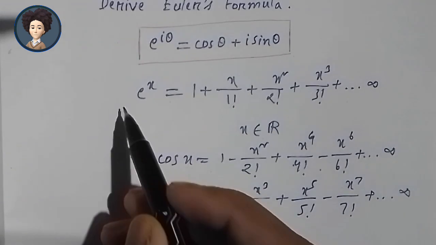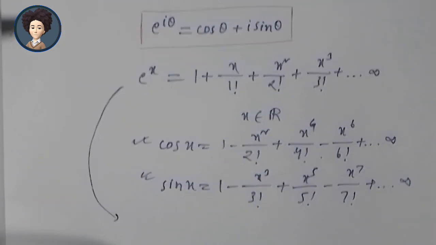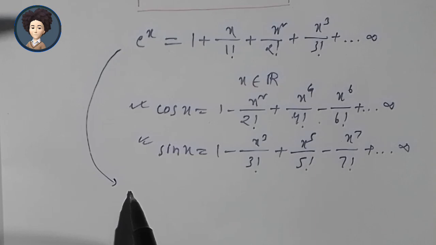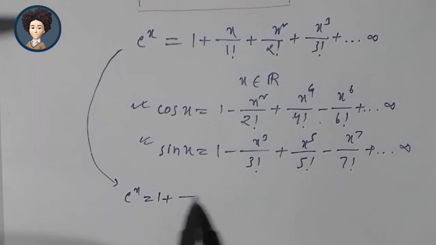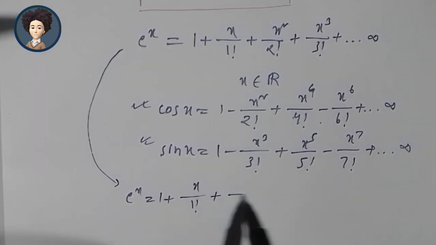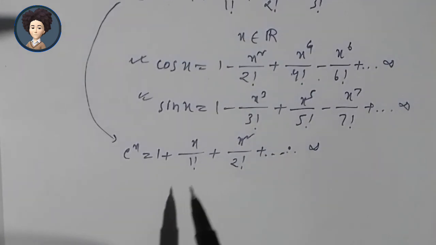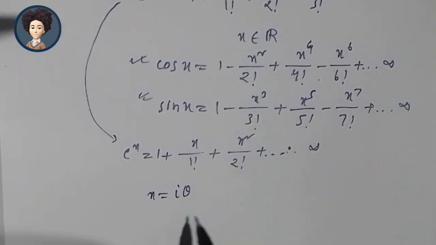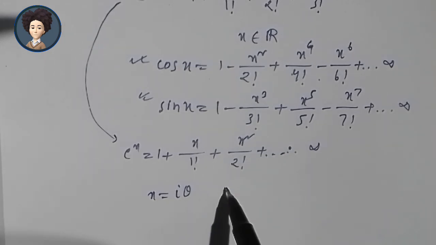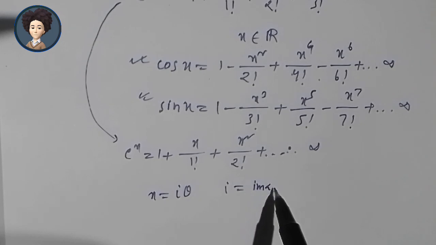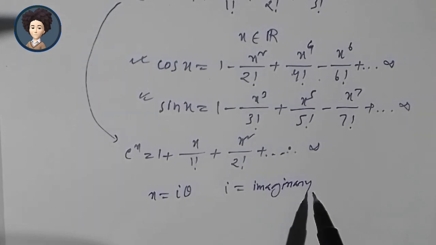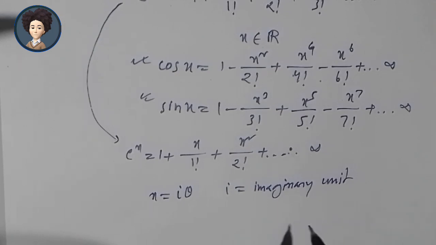Now let's rewrite this series again. So we get e to the power x equals 1 plus x by 1 factorial plus x squared by 2 factorial plus, and so on up to infinity. Let's substitute x equals i theta, where i means the imaginary unit and theta is some angle.